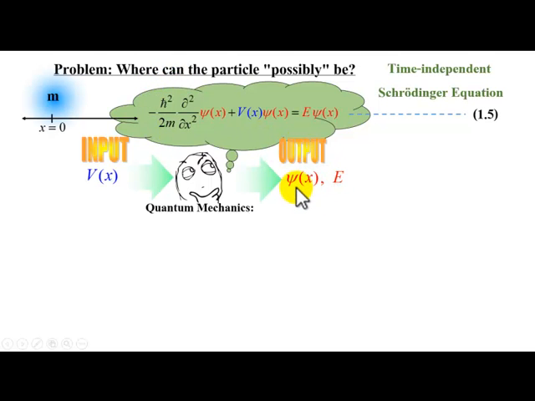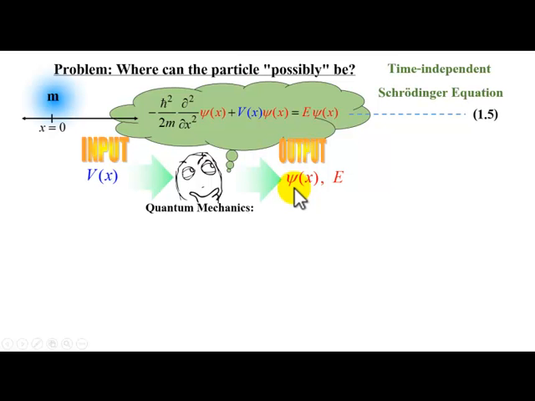You can do it yourself, or ask your friend to do it for you, whatever it takes to find the solution. In fact, many professional scientists use computer software to do it for them. Therefore, from a mathematics perspective, psi of x is simply a solution to the equation.